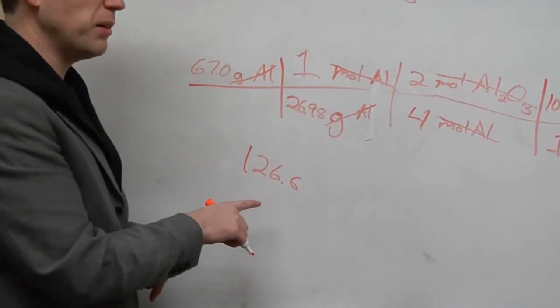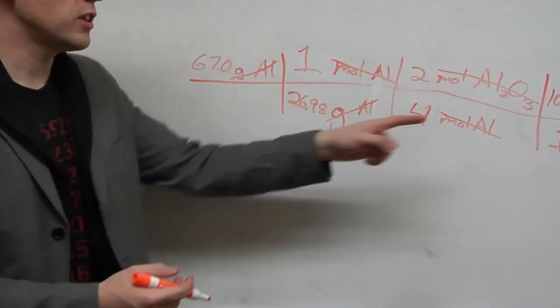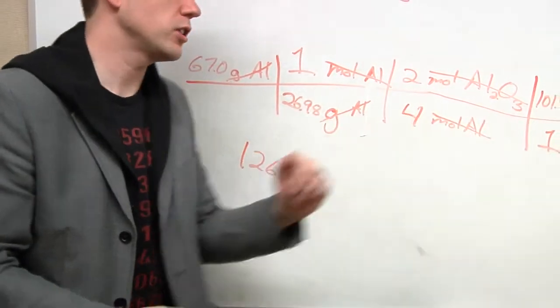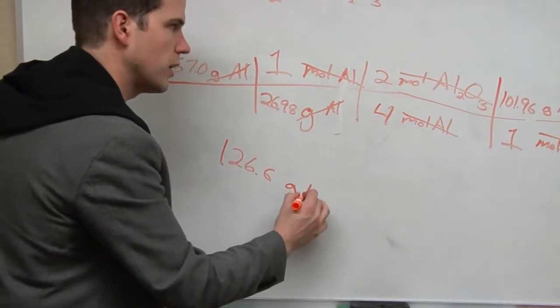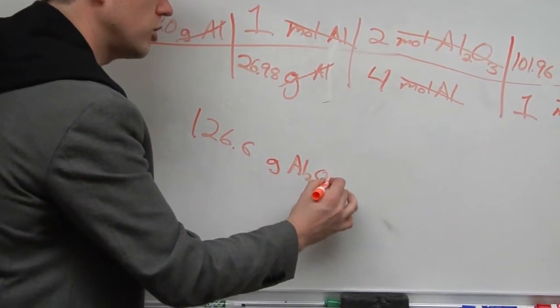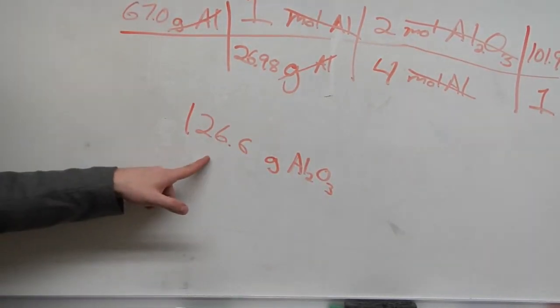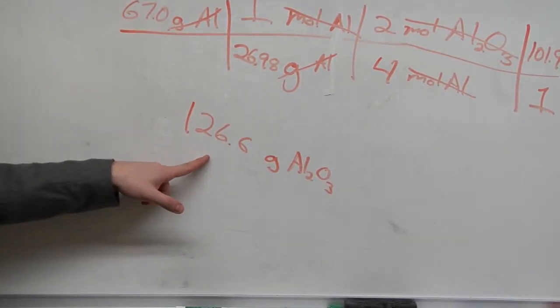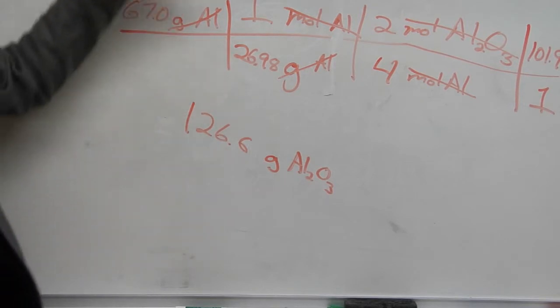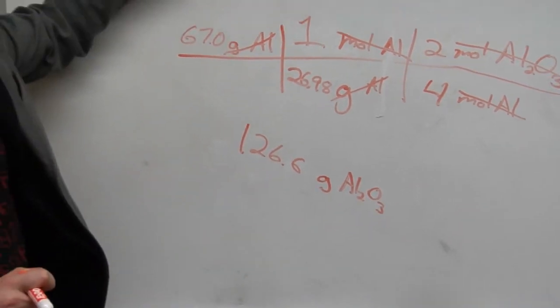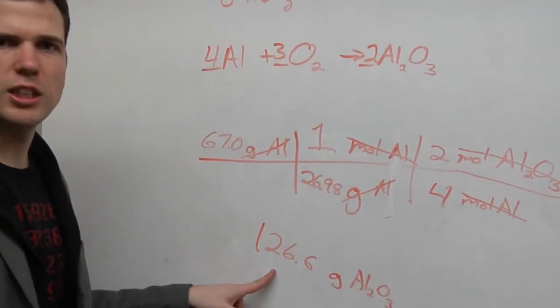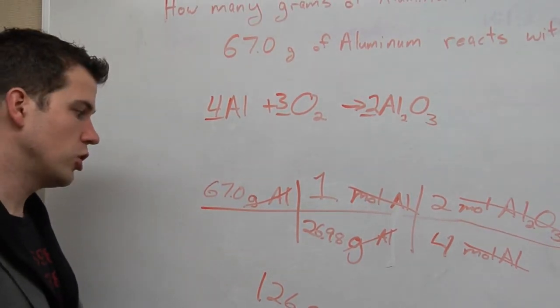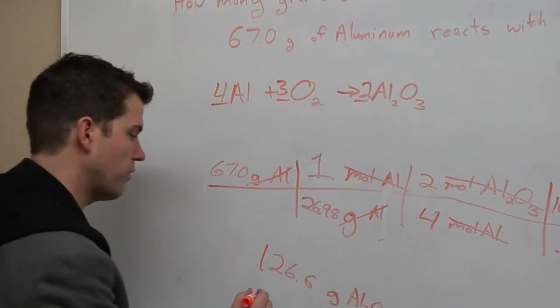And then we need the label for that, which is the only label that we have left in this whole process. Grams, Al2O3. One final check, do we have the correct number of sig figs? Because the original question only had 3, there's a pretty good chance we want this to round up to 127.